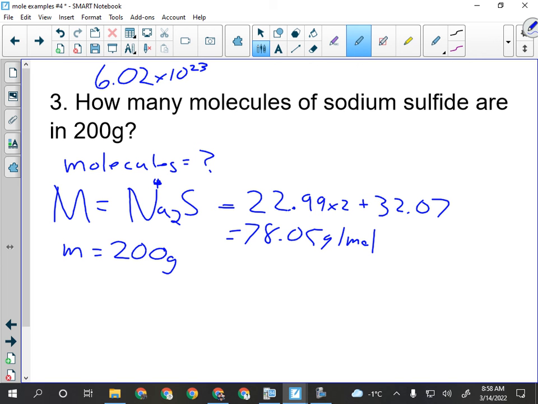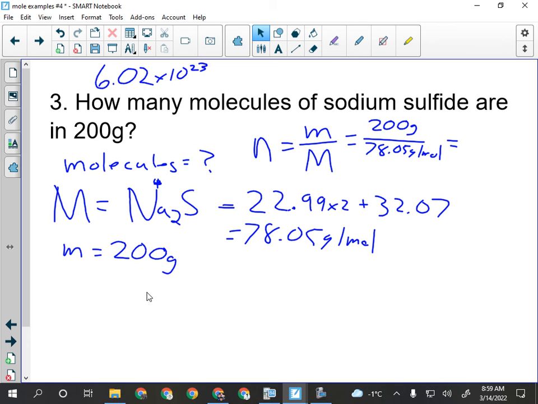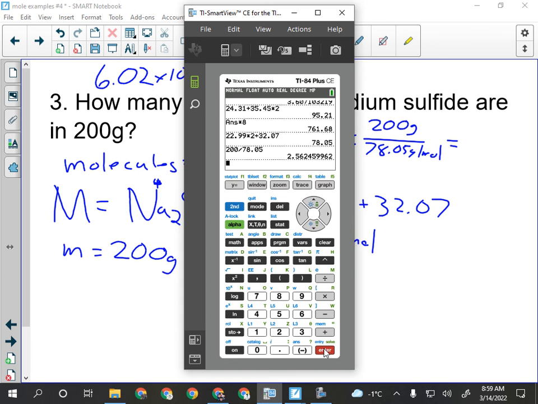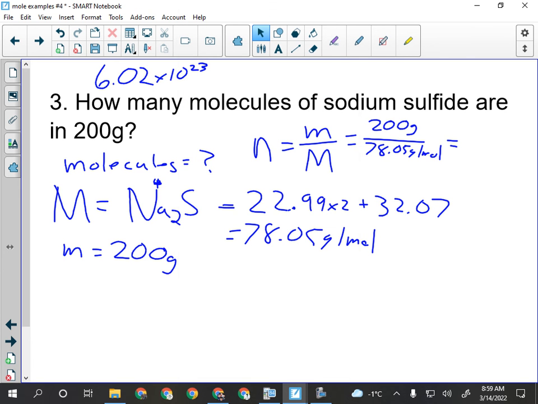Right now I have little m and big M, which means I can calculate the number of moles. So that's what I'll do. That'll be my next step. So that'll be 200 grams divided by 78.05 grams per mole. Okay, so we're looking at 2.56 moles.